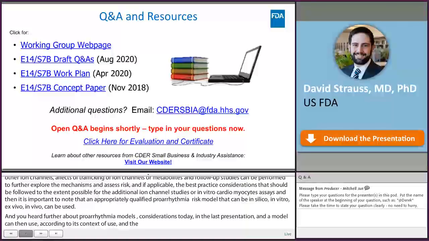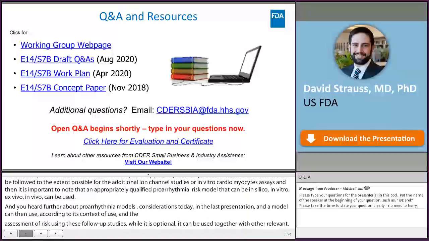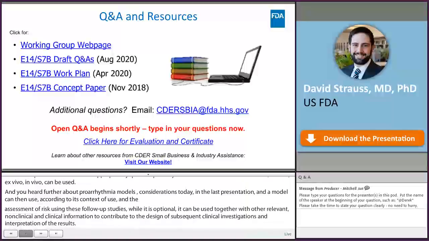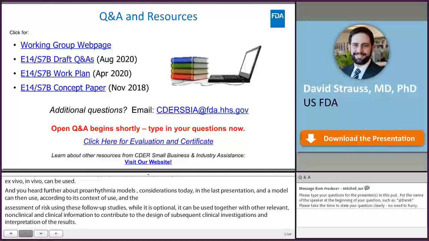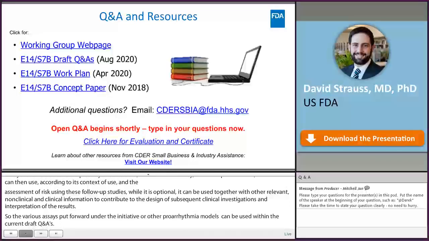So the various assays put forward under the CiPA initiative or other proarrhythmia models can be used within the current draft Q&As. Their exact impact on clinical decision-making is not explicitly spelled out in the current Q&As, and so the cases would be evaluated on a case-by-case basis.